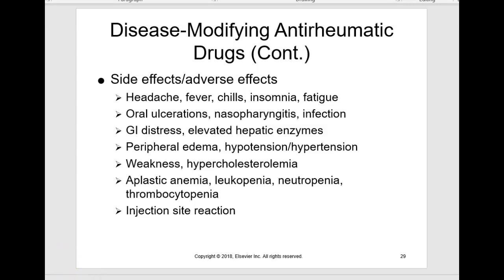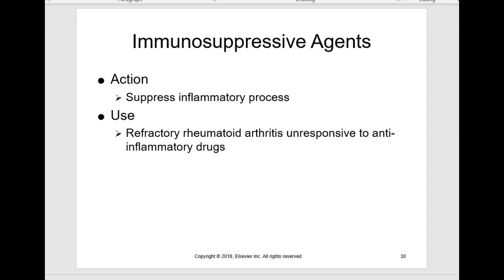Peripheral edema, problems with blood pressure, weakness, leukopenia, neutropenia, and thrombocytopenia, anemias. Injection site reaction, again, they're pretty strong drugs, so we're going to watch where we're giving the injection at. Fatigue, insomnia, oral ulcerations are all things that we can see with these medications.